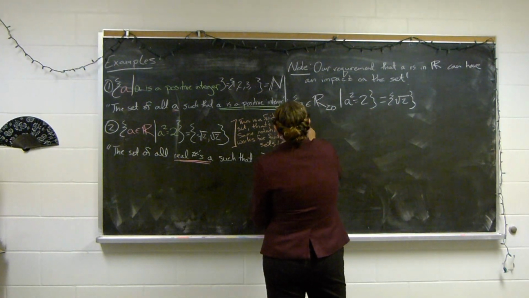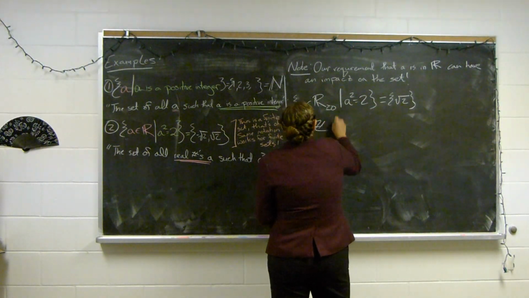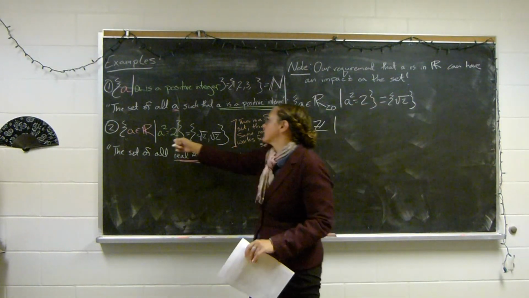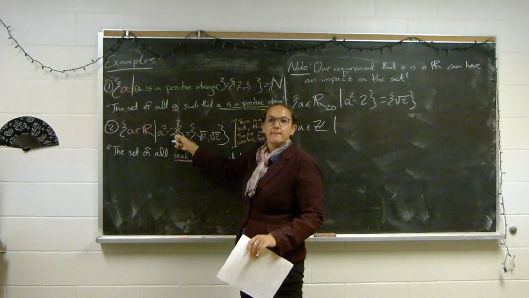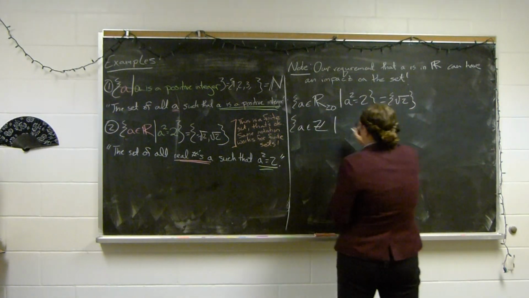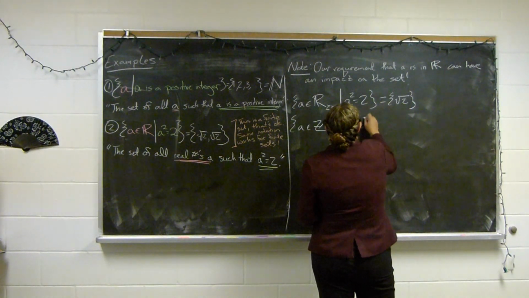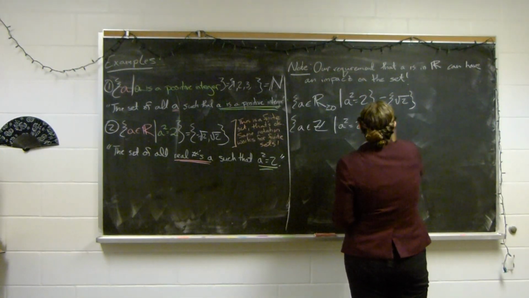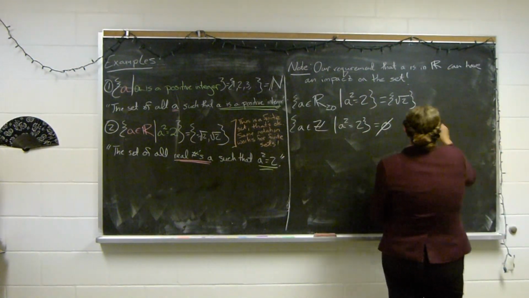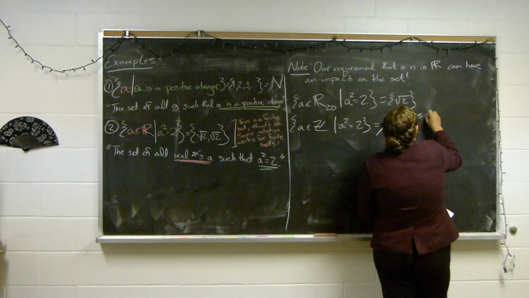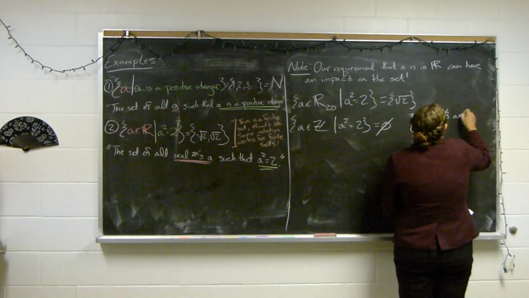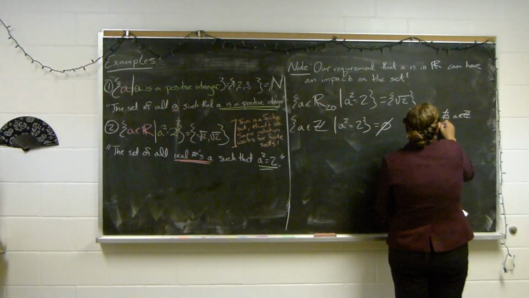And then if I write here A in the integers, well, now I run into trouble because I can't ever square an integer and get 2. So what do I get here? Well, this is the special empty set, since there exists no A in the integers with A squared equal to 2.